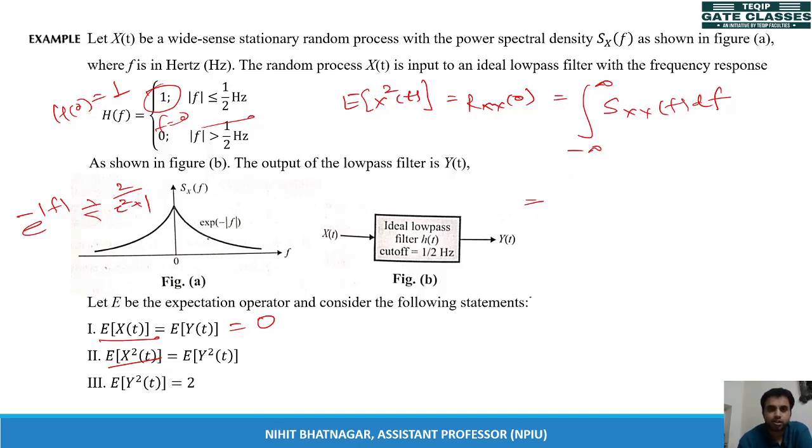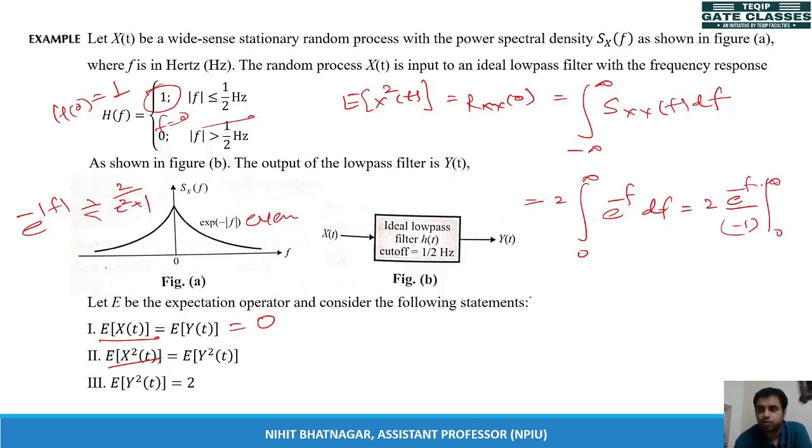It is an even function, so I am writing 2 times the integration from 0 to infinity of e to the power minus mod f df. That becomes 2 times e to the power minus f upon minus 1, from 0 to infinity. Putting in the limits, it becomes 2 times (1 minus e to the power minus infinity). Minus infinity gives 0, so it becomes 2 minus 0, which is equal to 2.